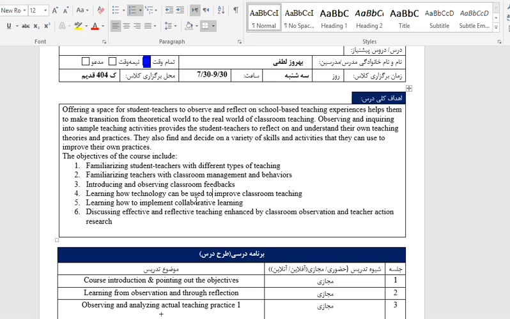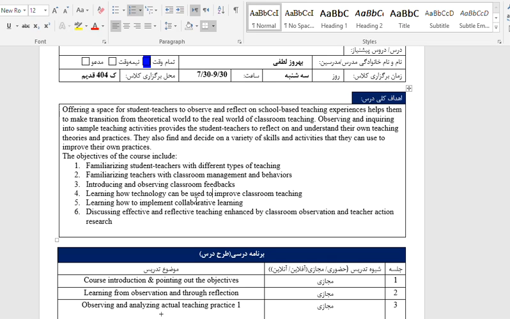Then you can internalize your learning. You can say that, okay, for teaching vocabulary, I did this. For classroom management, I did this. And by observing the teaching practices of famous teachers, I learned that there are some other alternatives.